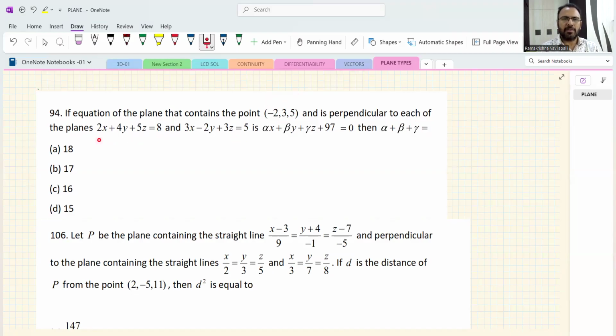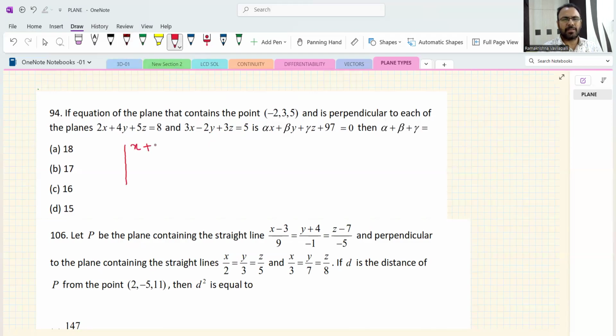Perpendicular to each of the planes means the plane is parallel to 2i plus 4j plus 5k and also parallel to 3i minus 2j plus 3k. So the plane is parallel to two vectors and it contains one point. So without hesitating, you just apply that the determinant is equal to 0.